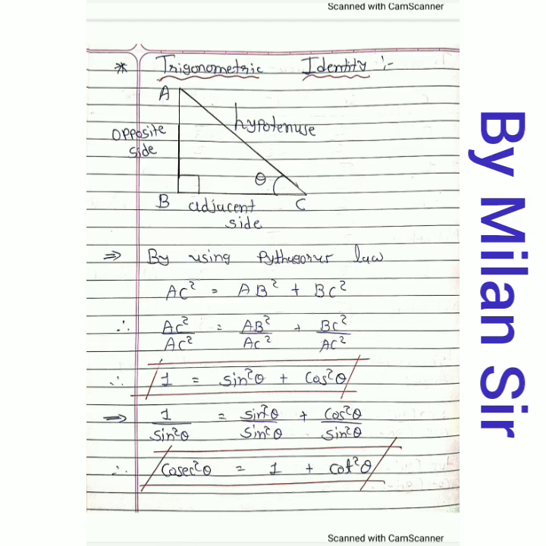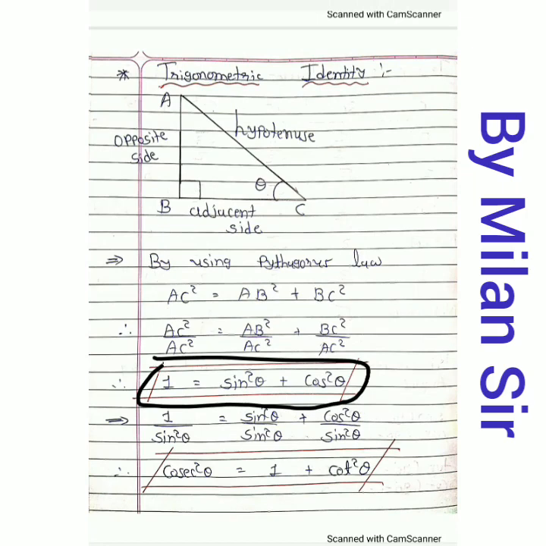Now for the second identity, divide this identity by sine square theta, both sides. So here 1 upon sine square theta, here sine square upon sine square theta, and here cos square upon sine square theta.